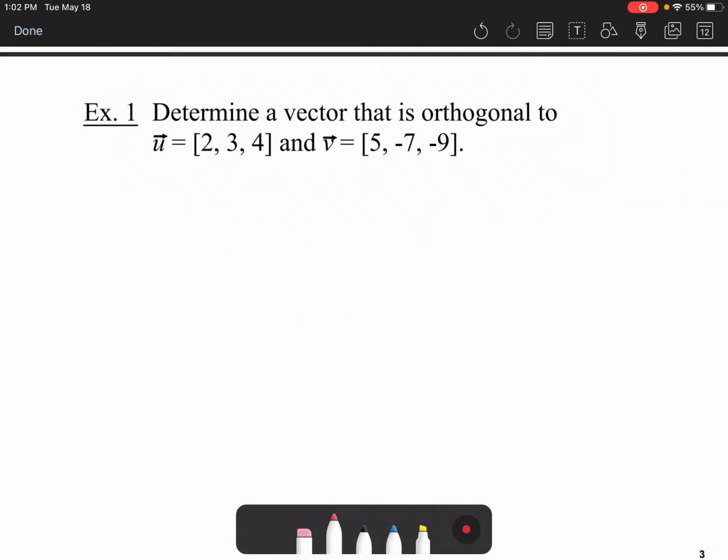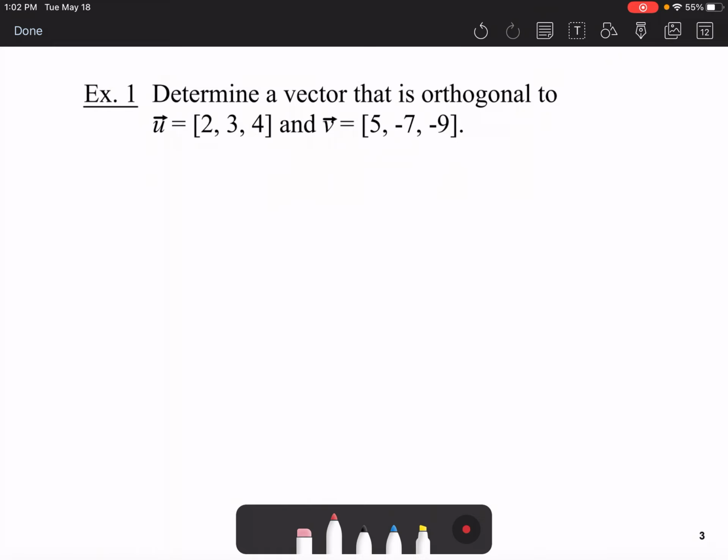Okay, so we're going to determine a vector that is orthogonal to 2, 3, 4, and 5, negative 7, negative 9. So in other words, we're looking for the cross product between these two vectors. Off to the side, I'm going to write the 2, 3, 4, 2, 3, 4, like I suggested, and the 5, negative 7, negative 9, 5, negative 7, negative 9.